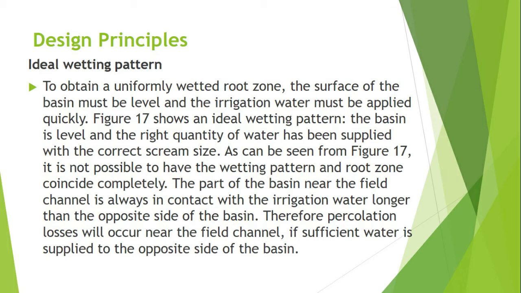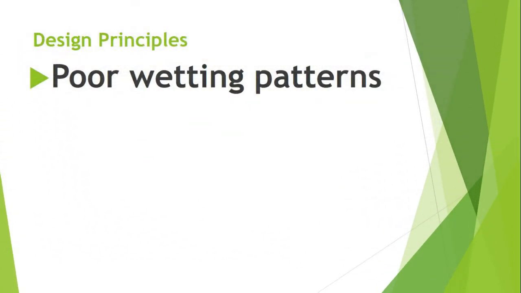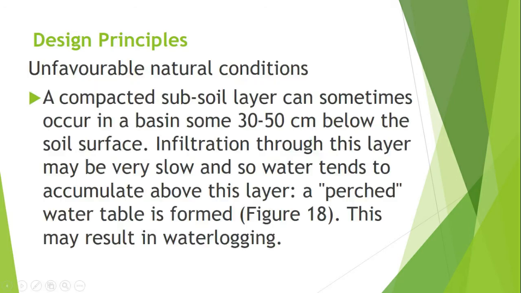Poor wetting patterns can be caused by unfavorable natural conditions, poor layout, and poor management. Under the unfavorable natural conditions, an example is a compacted subsoil layer or different soil types within one basin.